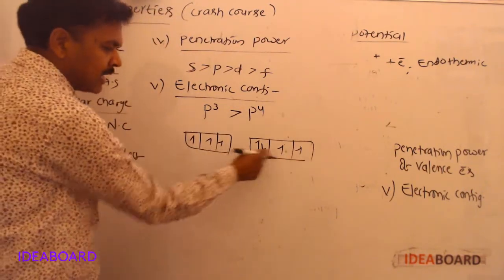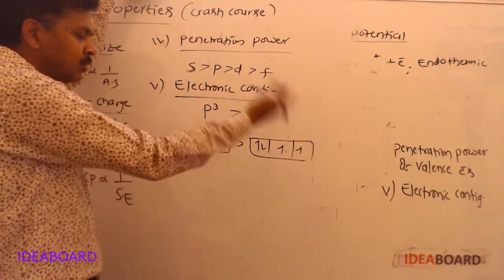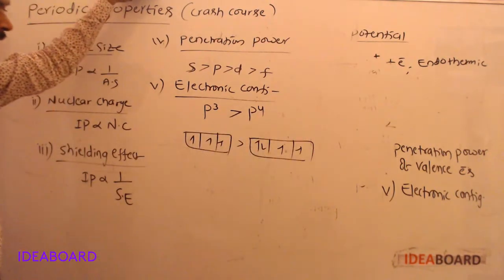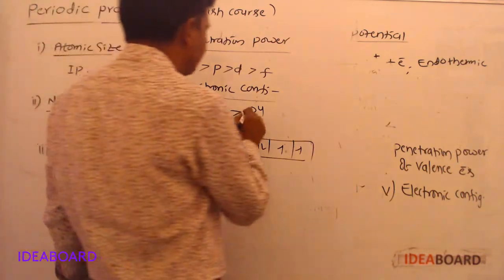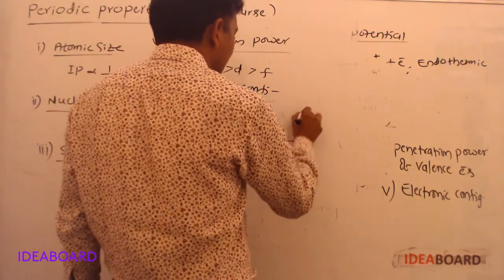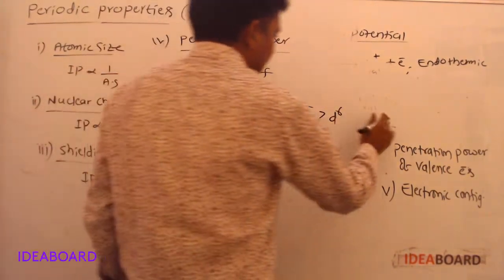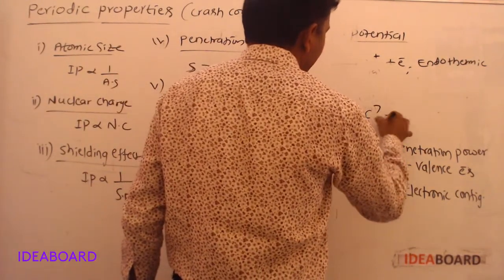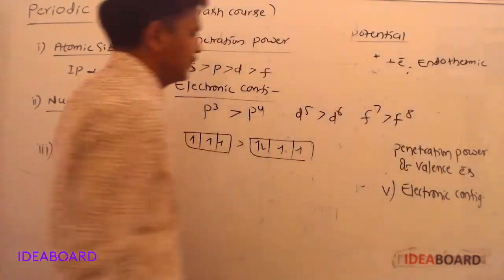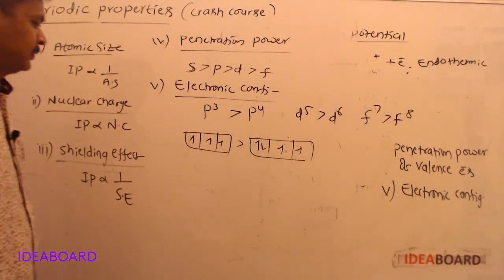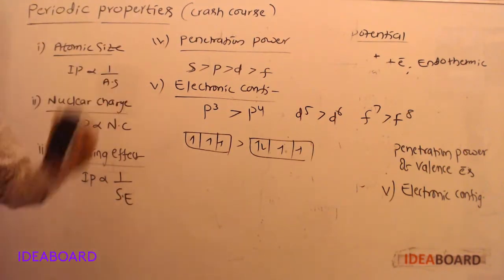When compared to this configuration, this is more stable, so more energy will be required. Similarly, p3 greater than p4, d5 greater than d6, f7 greater than f8. These are the factors affecting ionization potential.